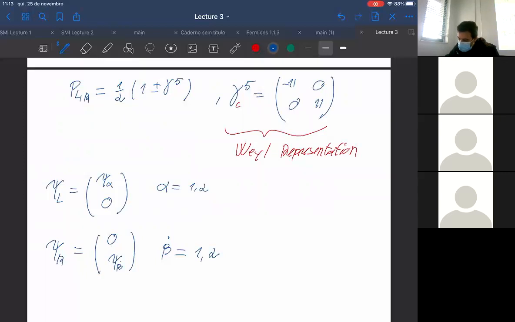So this is basically dotted and undotted indices. Dotted here, right? Also dot and dot.